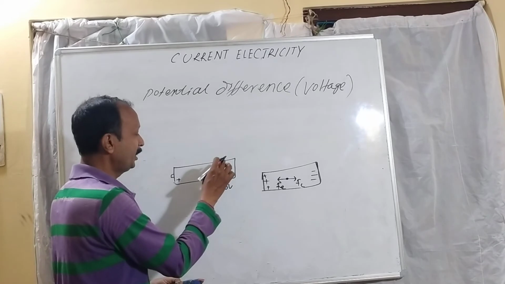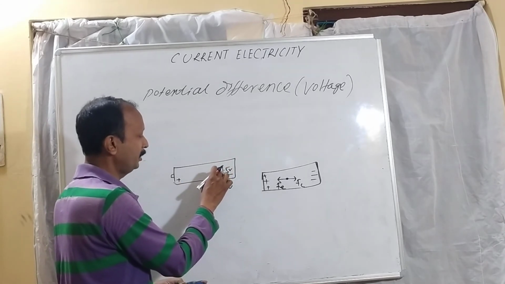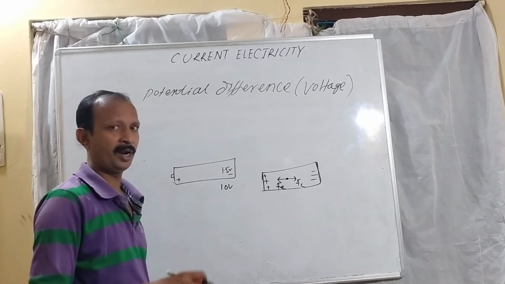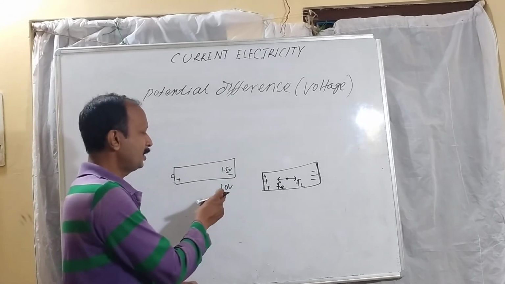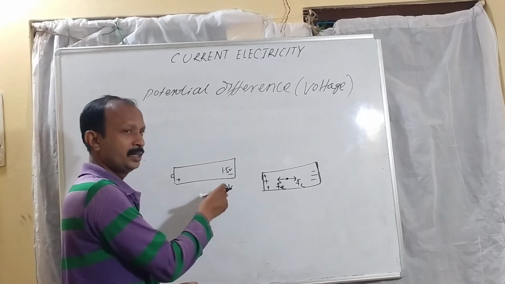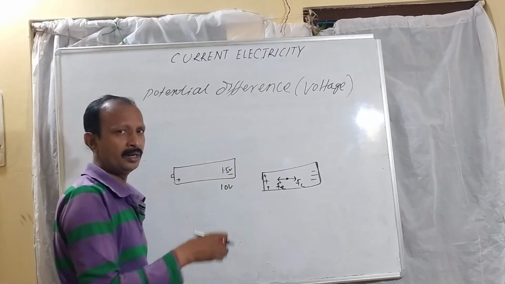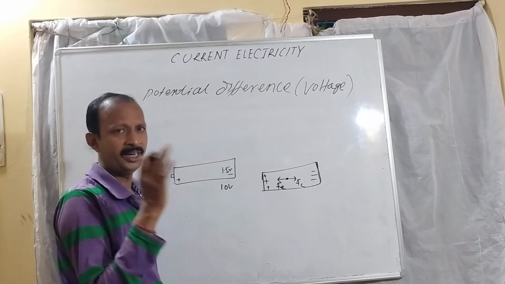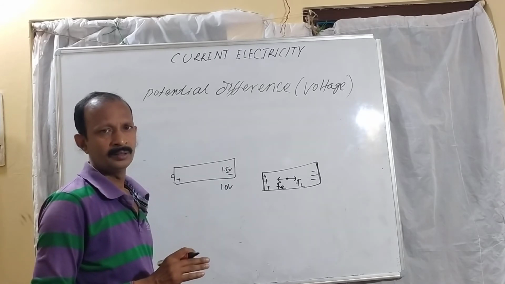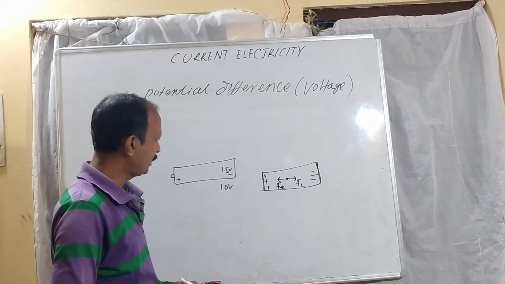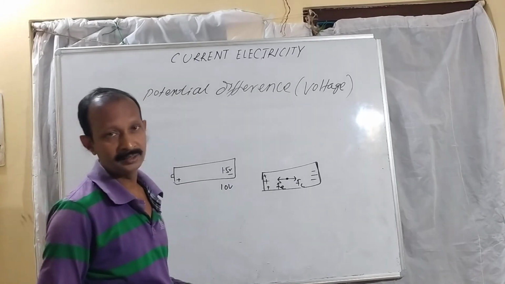So you think, if it is a 1.5 volt battery or a 10 volt battery, what will happen? The same charge, 1 coulomb. Here the work done will be 10 joule, here the work done will be 1.5 joule. So where will you get the bigger shock, you can think.